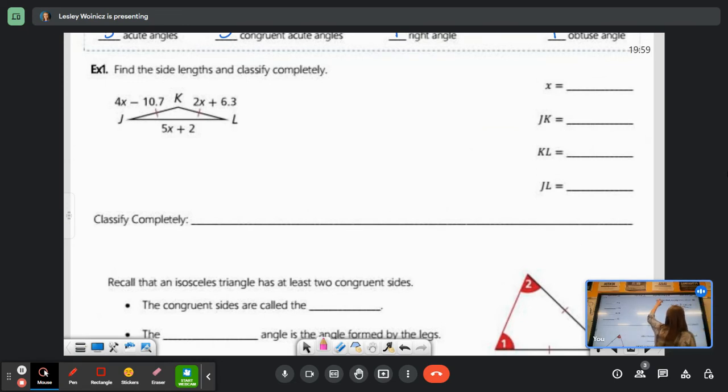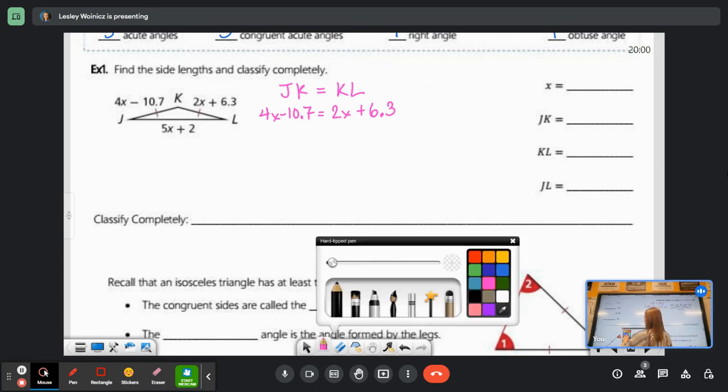So JK equals KL. I can substitute in and say 4x minus 10.7 equals 2x plus 6.3.